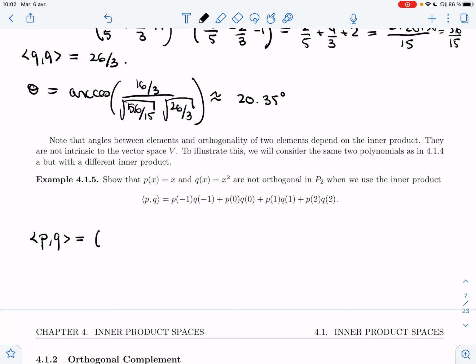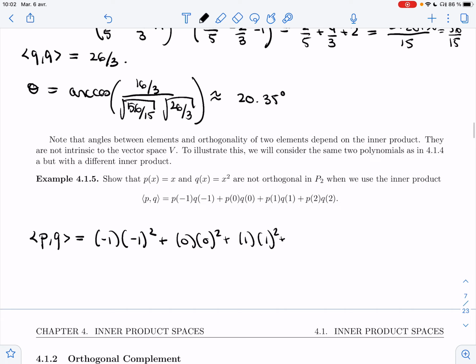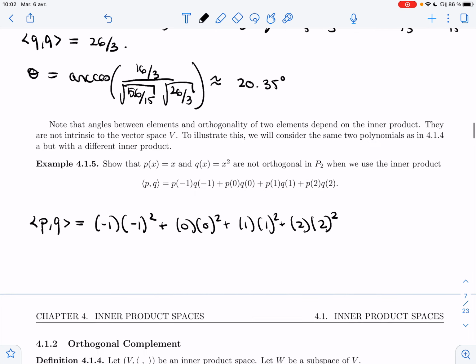So that's going to be p of minus 1 times q of minus 1, which is minus 1 times minus 1 squared. Then 0, 0 squared. 1, 1 squared. Oh, it's a different one than the one we had above. That's fine. That's still an inner product. 2 squared. Here I'm getting 1 plus 0 plus 1 plus 8.